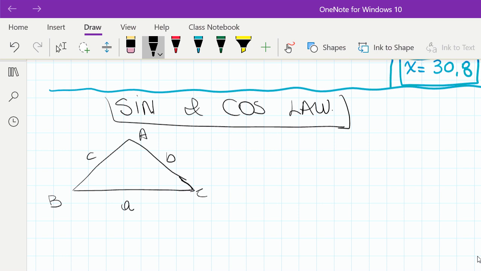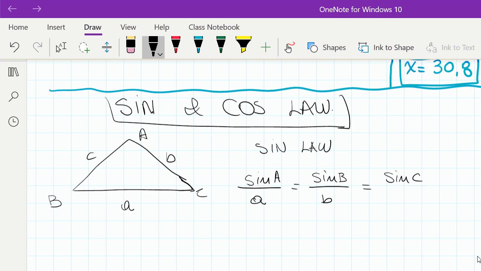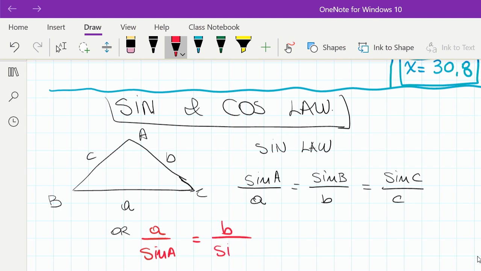And then the sine law is sine of angle A over length A is equal to sine of angle B over length B is equal to sine of angle C over length C. Sometimes you see it like this, or you may see it as A over sine A is equal to B over sine B is equal to C over sine C. Both of them are right, and we use them in cases when we can apply them.